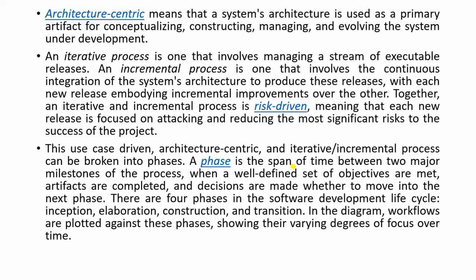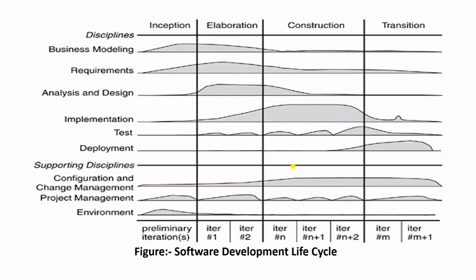Now this is the software development life cycle in connection with inception, elaboration, construction, and transition. Horizontally, it represents the disciplines: business modeling, requirements, analysis and design, implementation, test, deployment, and supporting disciplines: configuration and change management, project management, and the environment.